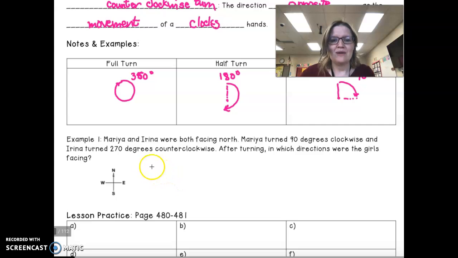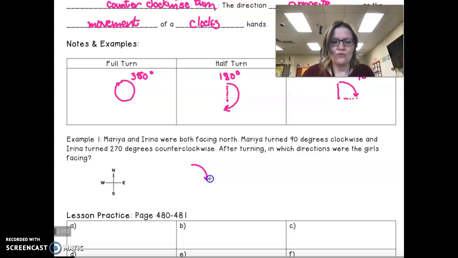Let's look at one of these examples. Marina and Irina were facing north. So they're pointing this way, towards north. Maria turned 90 degrees clockwise. And Irina turns 270 degrees counterclockwise. After turning, in which direction were the girls facing? So I'm going to have Maria facing this way, and she's turning 90 degrees clockwise.